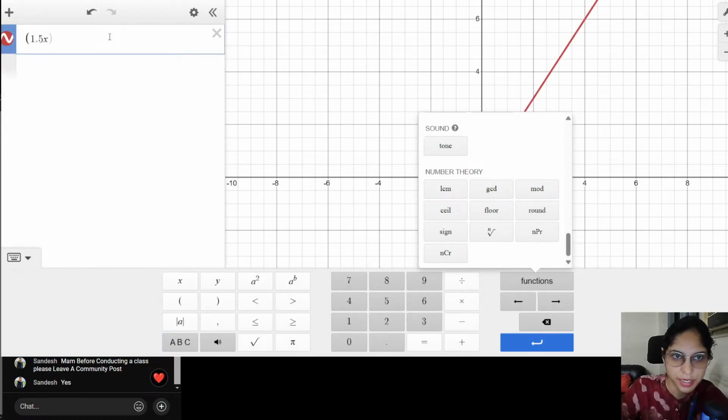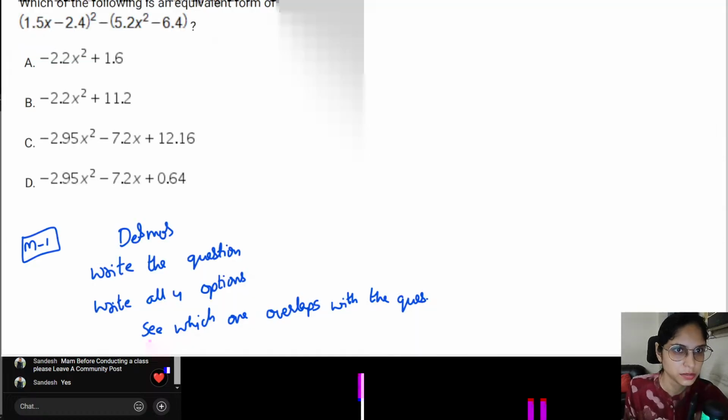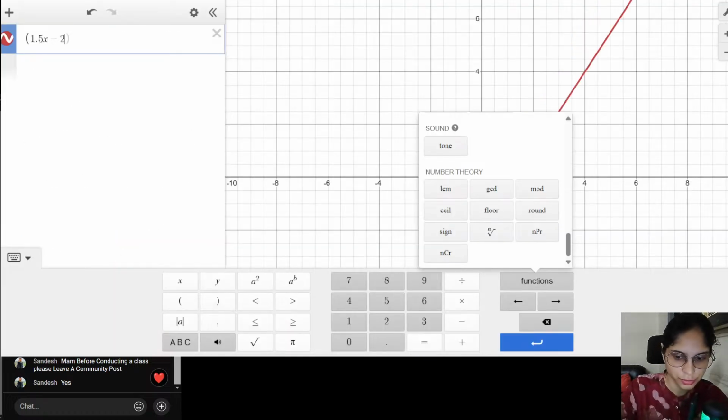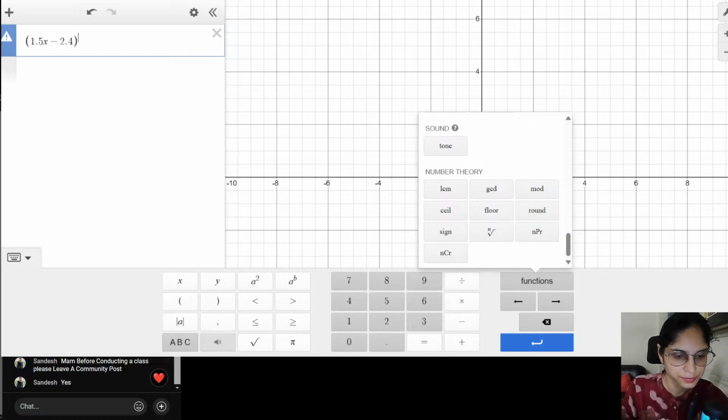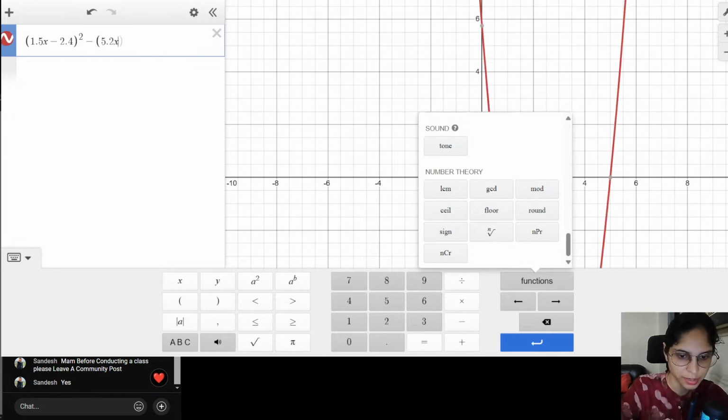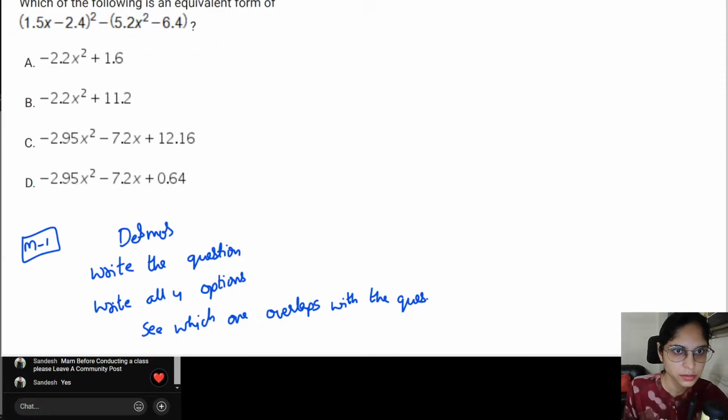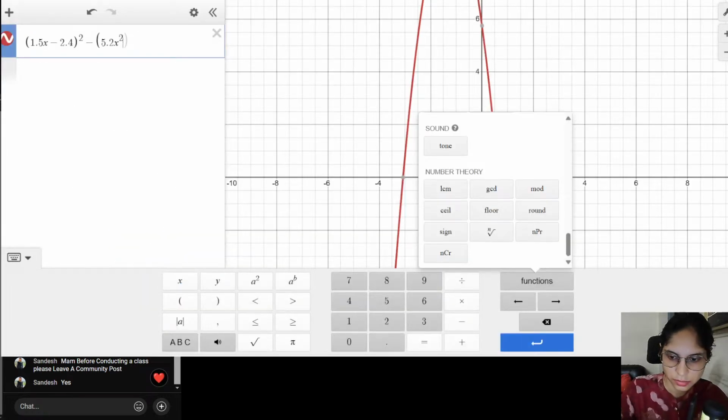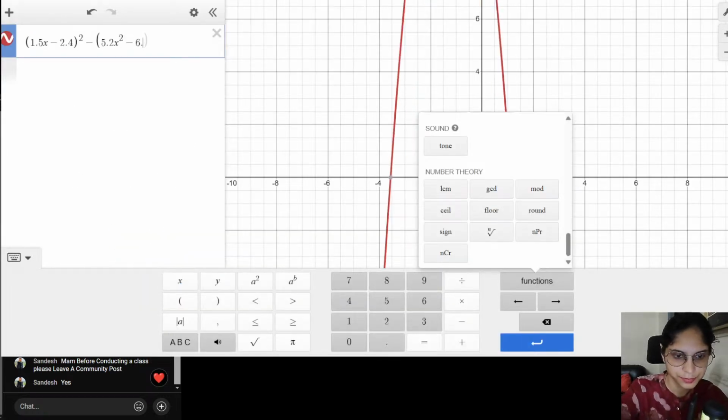You write 1.5x minus 2.4. For square, it's shift 6. Minus 5.2x square minus 6.4.